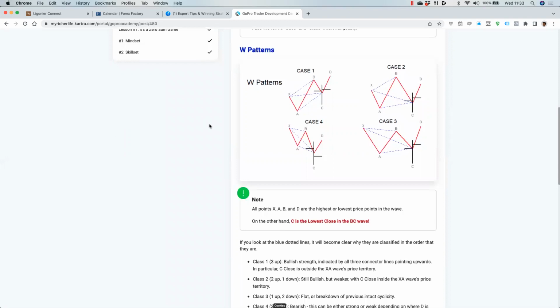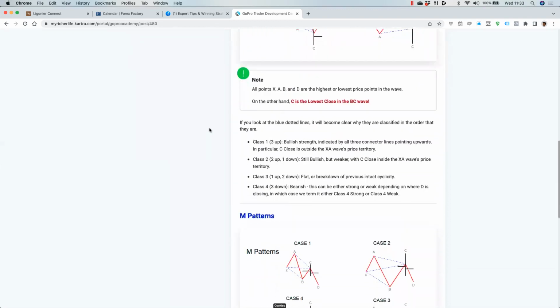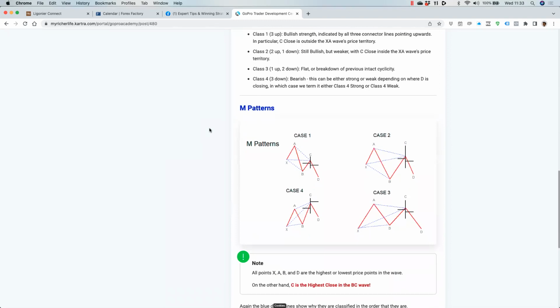All right, so now starting off with W patterns. It's important to realize that when a wave comes to an end, you will immediately switch. If it's a bullish wave, when your bullish wave comes to an end, it means you're flipping from a W pattern to an M pattern. And when a bearish wave comes to an end, and here you can see X, A, B, C, D, okay?